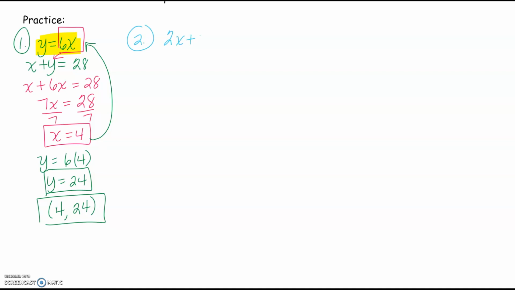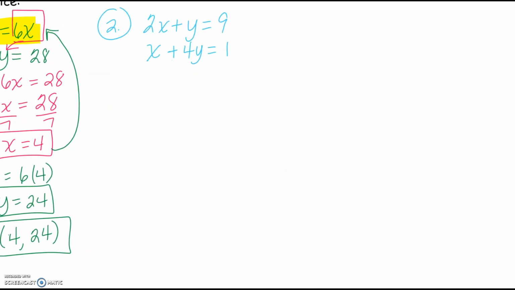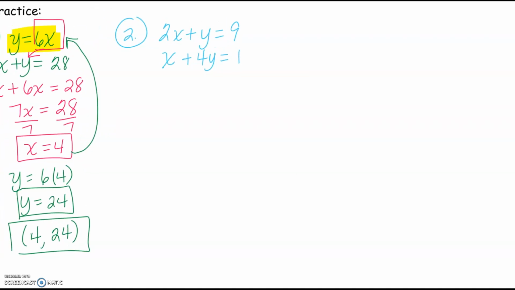2x plus y equals 9. x plus 4y equals 1. So I look at both of these equations and I notice that neither of them has x equals or y equals by itself. We do not have a variable isolated by itself. So you have choices.